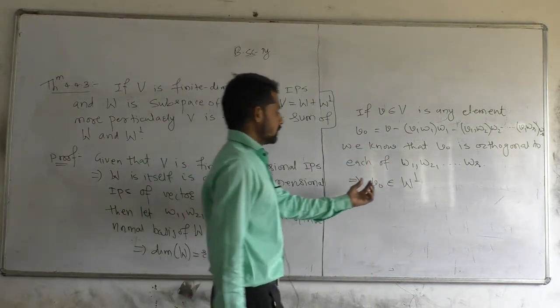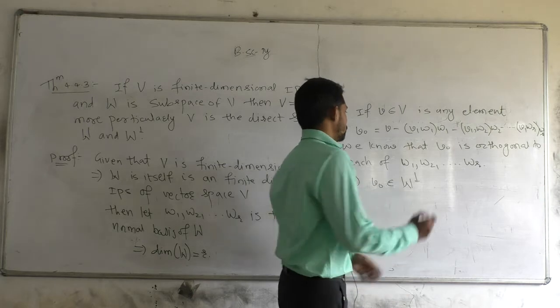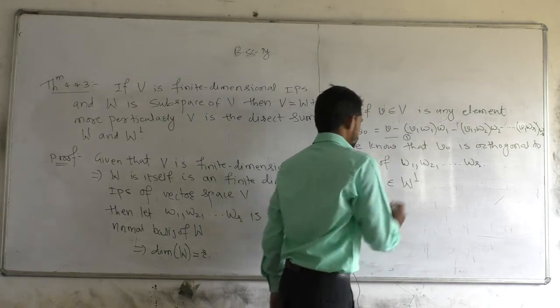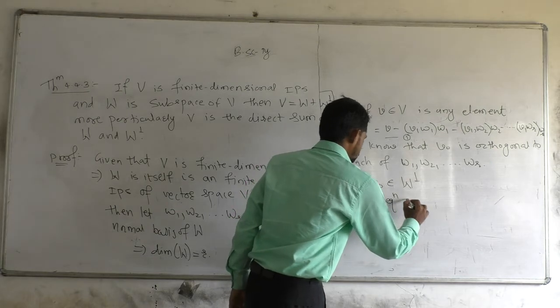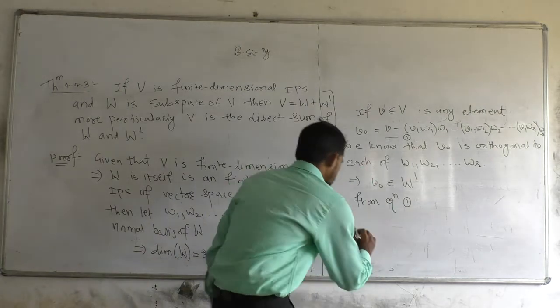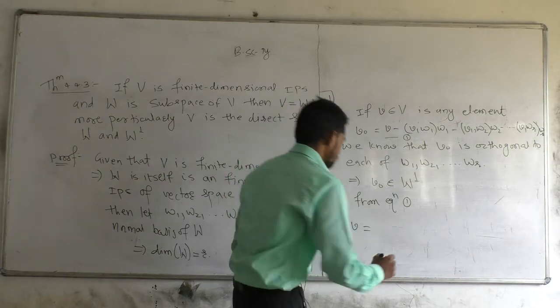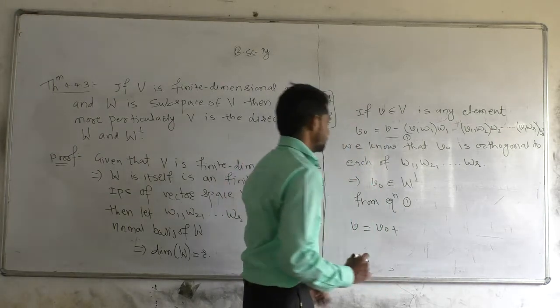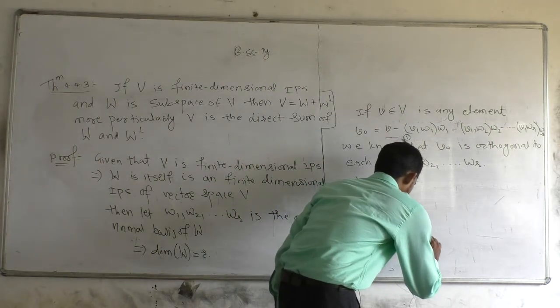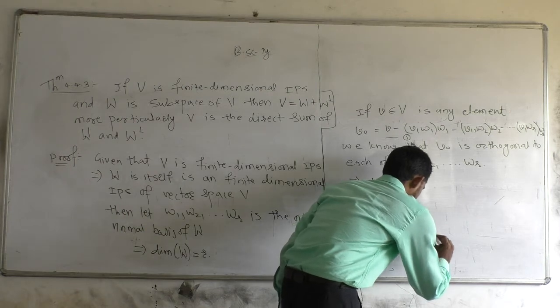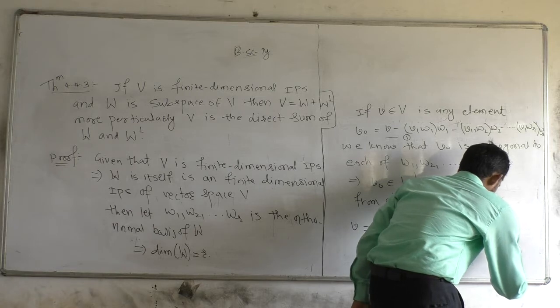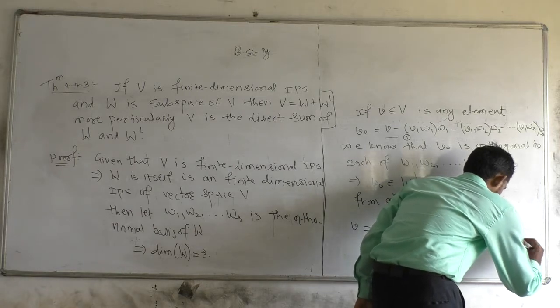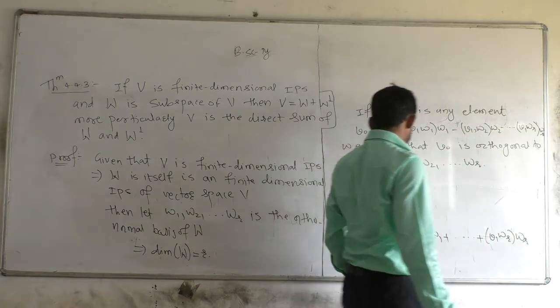If v0 goes to the orthogonal complement of W, then from equation number 1, we can write v is equal to v0 plus inner product of v and w1 times w1 plus ... plus inner product of v and wr times wr.